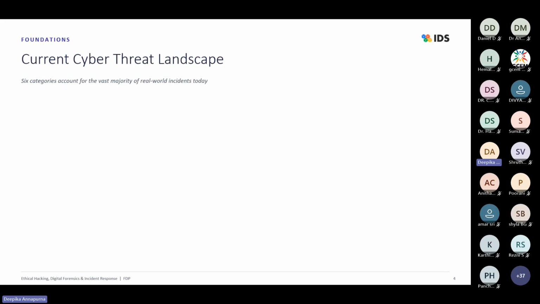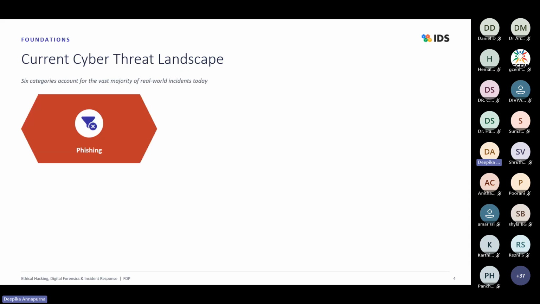So current cyber threat landscape. So every organization will encounter thousands of cyber attacks day to day, right? So those cyber attacks will be falling under few categories. What are those categories? Let's see, phishing. You know about phishing, right?